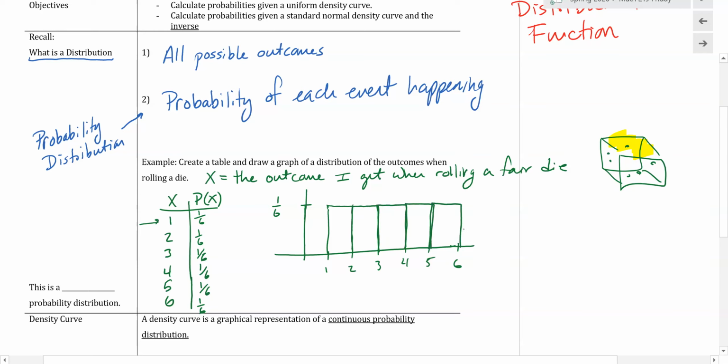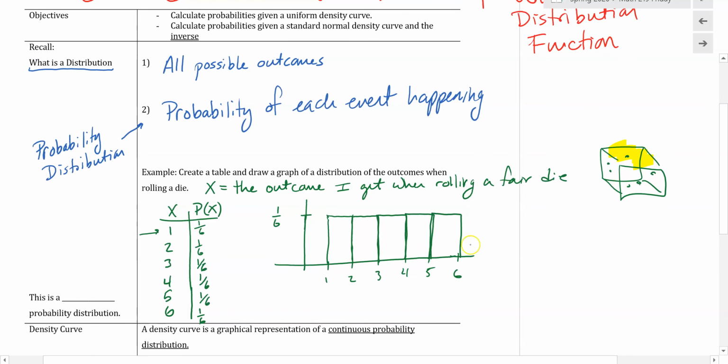Everybody has the same probability of occurring, right? This would be the chance I get a 1, 2, 3, 4, 5, and 6. Okay, and so the probability of those are all the same. They're all at 1/6.